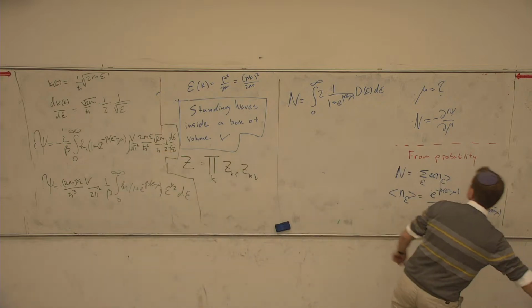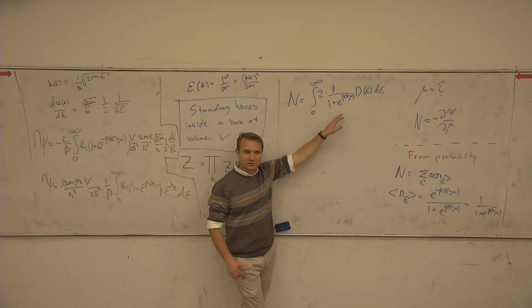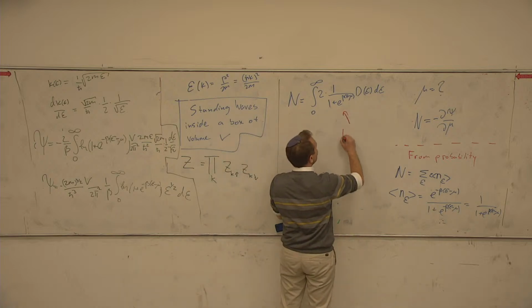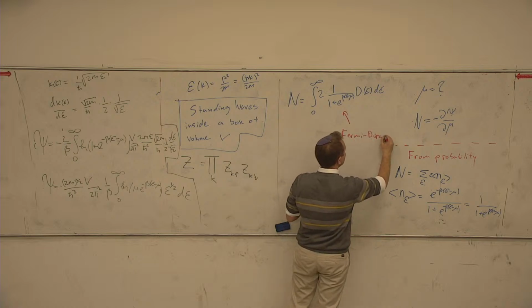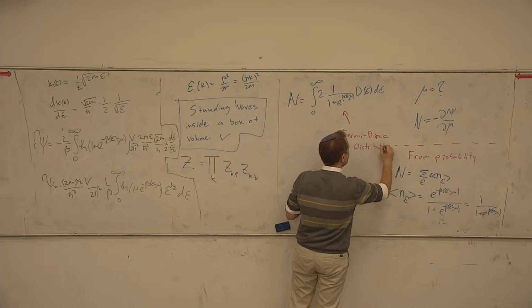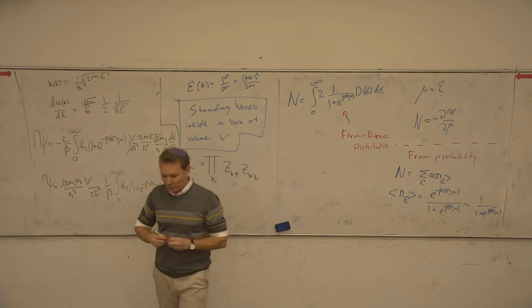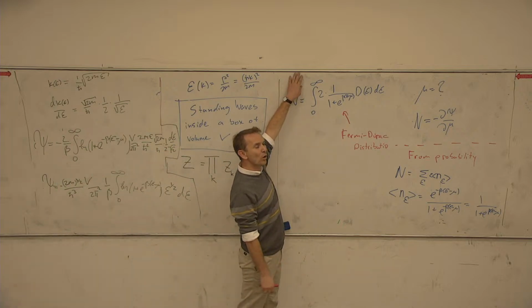This guy will always appear when we consider fermions. It's called Fermi-Dirac distribution. Okay. So in order to compute something, when you use fermions, you always say, well, I'm summing over all the different states.